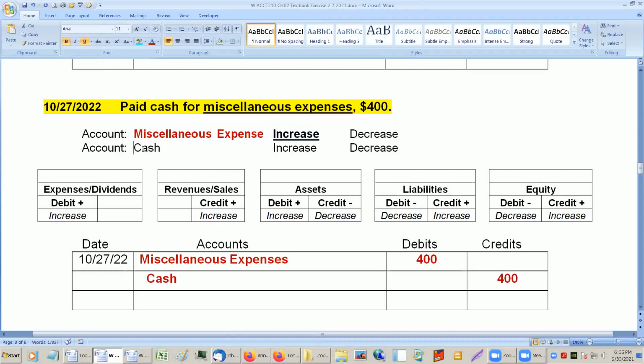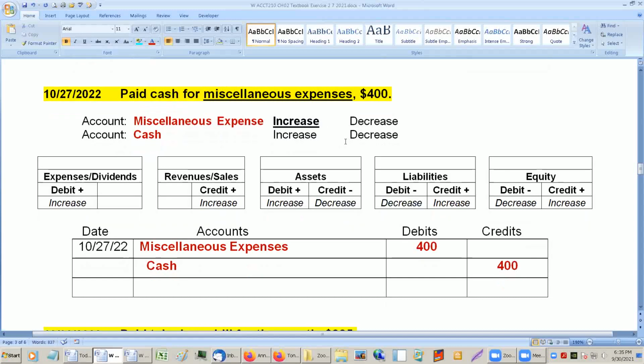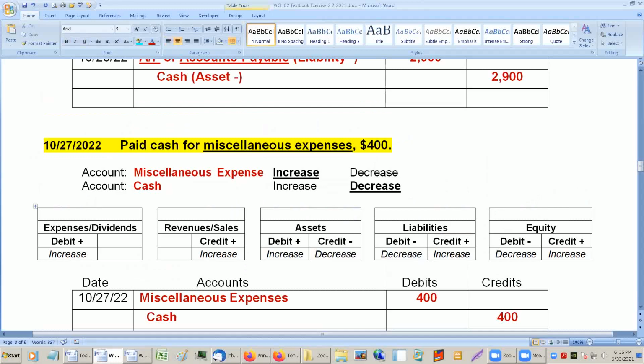As time goes on, 2 months worth of expense is more than 1 month's worth of expense. So expenses, always debits.